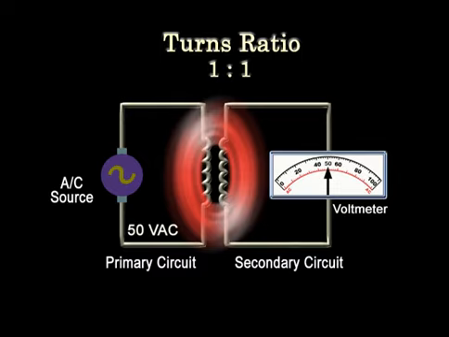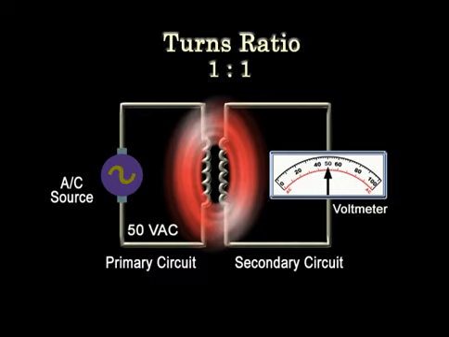Now we have some examples. If we have an AC voltage on input, 50 volts AC, and the turns ratio is 1 to 1, then on the output the voltmeter will also show 50 volts.